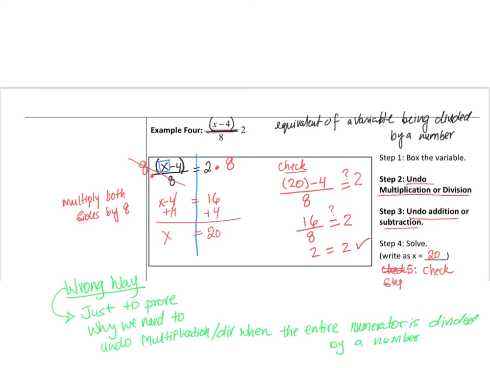Okay, so I am going to do it the wrong way so that I can prove why we need to first undo multiplication or division when the entire numerator is being divided by a number, as opposed to undoing addition or subtraction.